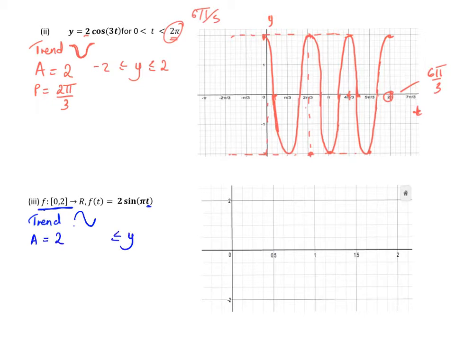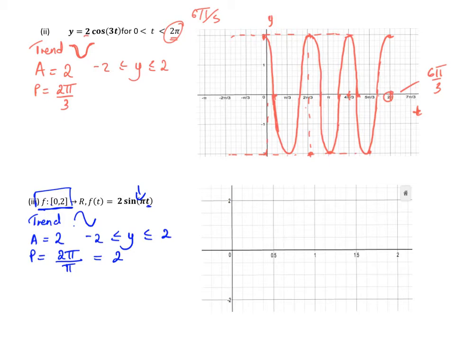Y, therefore, is between -2 and +2. And we know the period of the graph is 2 pi on n, and n is pi in this case, so it is 2. So in actual fact, all we really want to do here is draw one cycle because it wants the domain to be between 0 and 2, and one cycle takes 2 units.